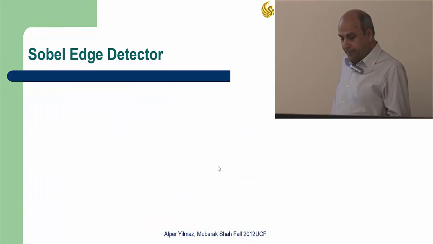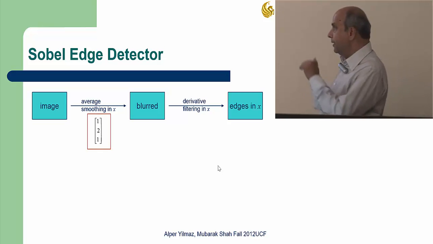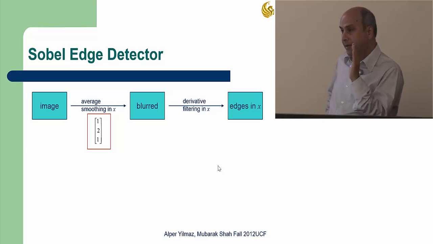Okay, so Sobel is exactly the same. The only difference is that instead of equal weighting, we will have a different weight for the central pixel. So here we will have 1 2 1. Remember there we have 1 1 1, everybody weighted equally.